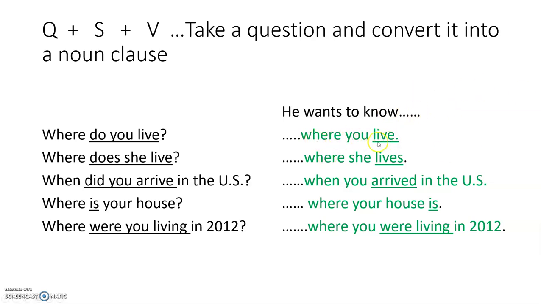The something is the noun clause. So the green shows you how the verbs change. QSV, QSV. Notice that there's no helping verb for simple present and simple past. And also, even for verbs like the be verb that don't have a helping verb, the order of the words changes. This is something you have to practice.